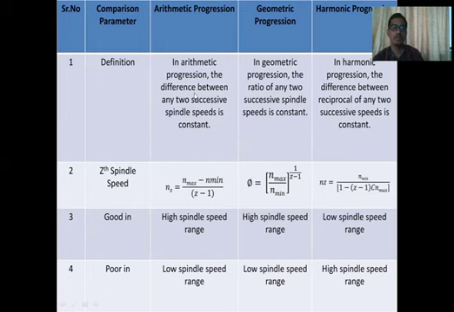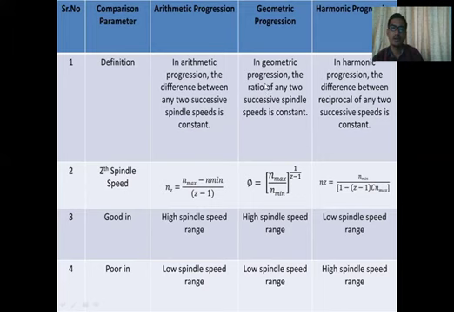Means if you take the difference of any two successive spindle speeds like n2 minus n1, or n3 minus n2, or n4 minus n3, or nz minus the previous value, that difference always comes as a constant. Such a law of progression is called an arithmetic progression.